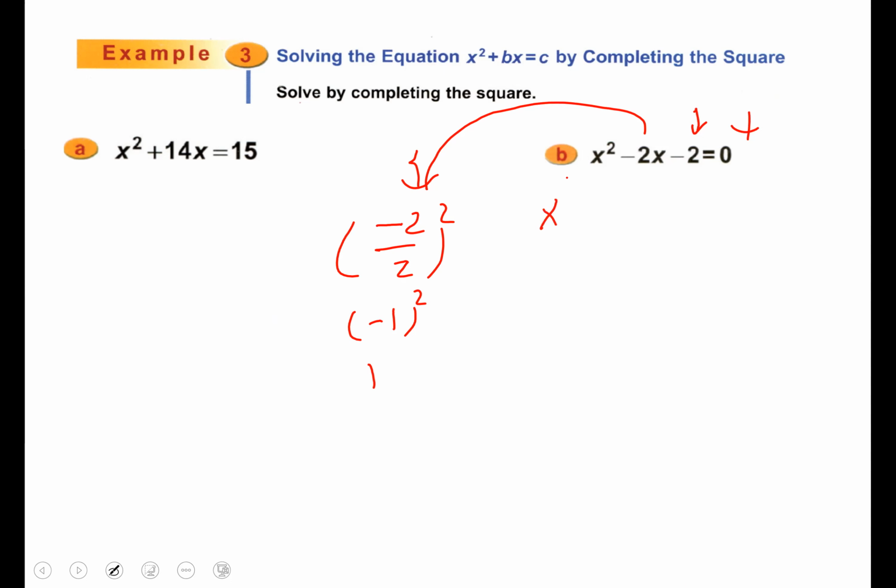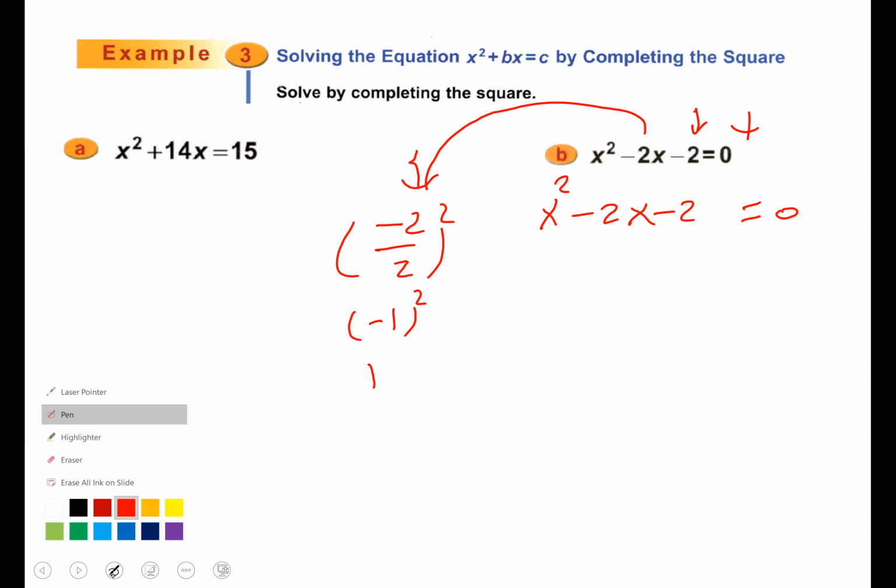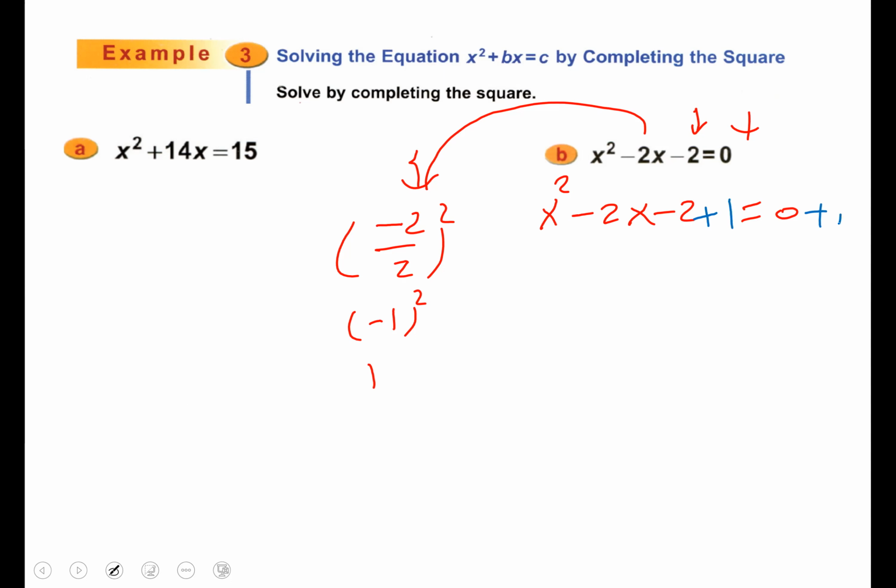x squared minus 2x minus 2 equals 0. Let me change the color, guys. Added 1 here, added 1 for this side.